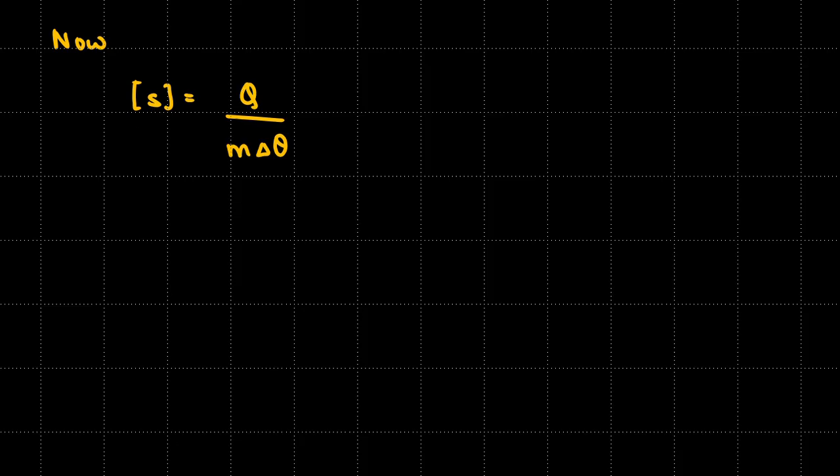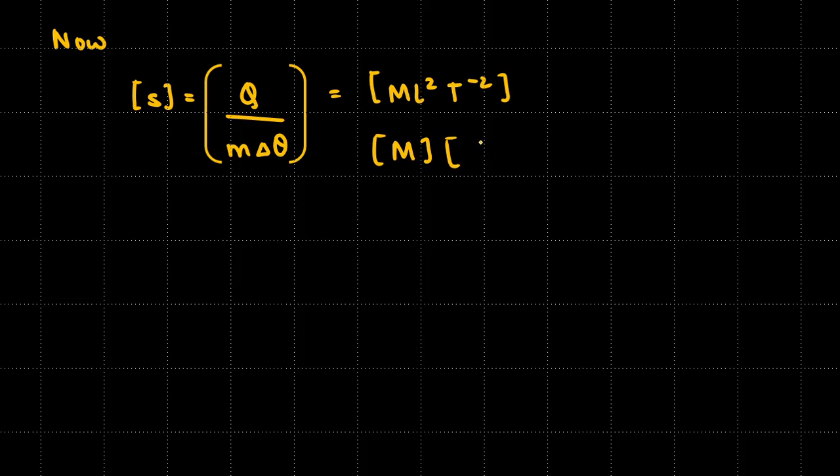The dimension of S must be equal to the dimension of Q by m delta theta. So now let's solve it. Here, the dimension of Q is ML squared T minus 2, since it is heat energy, the dimension of m will be M, and the dimension of delta theta will be K.